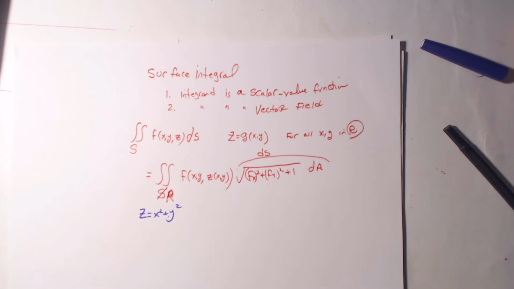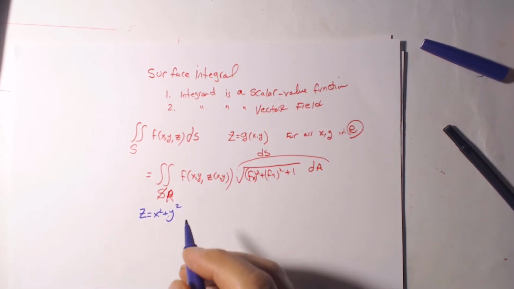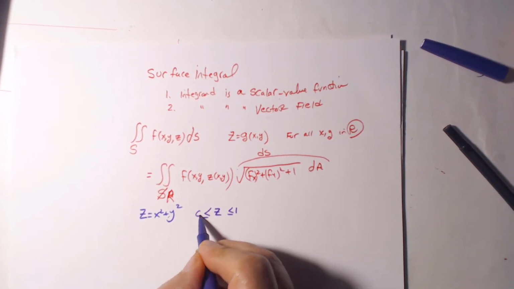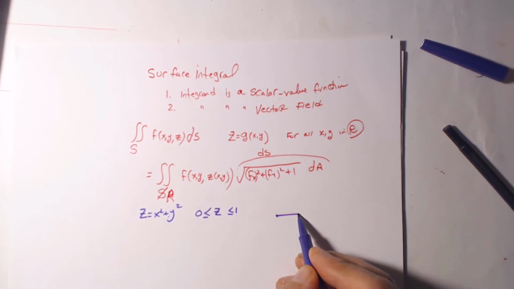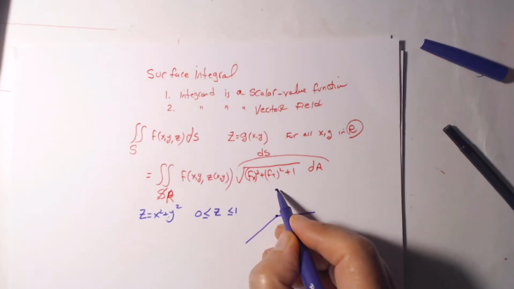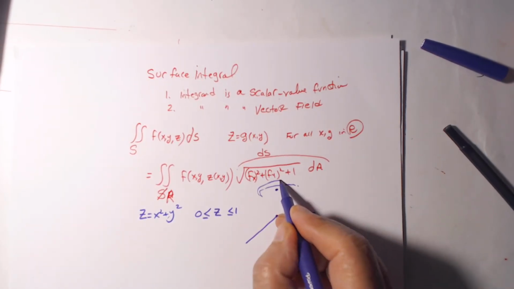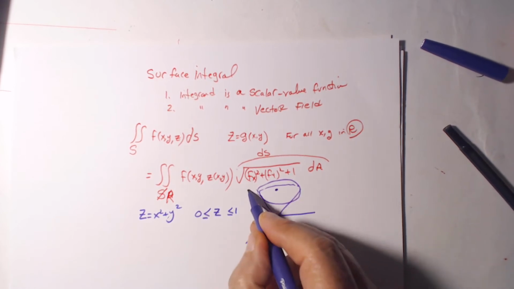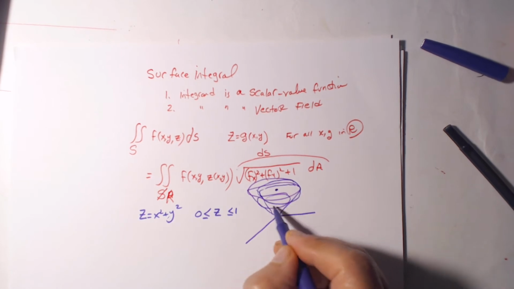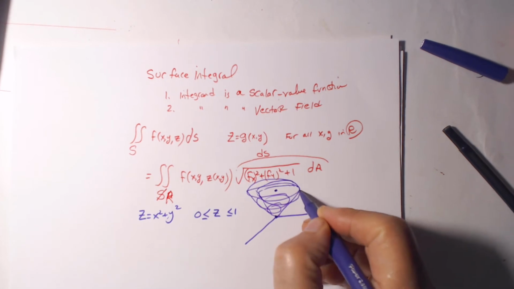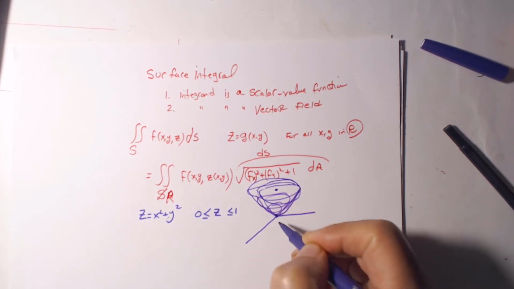Therefore, this is an elliptical paraboloid, and my z value is fluctuating between 0 and 1. If z is 0, you have a point, and if z is 1, you have a unit circle, and that's what is going to be the elliptical paraboloid right here.